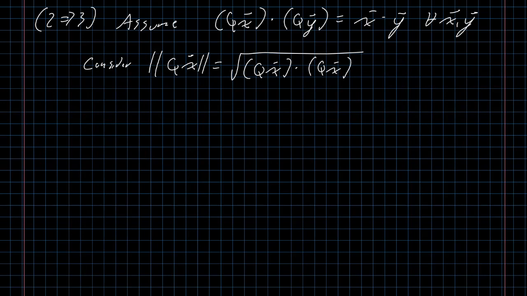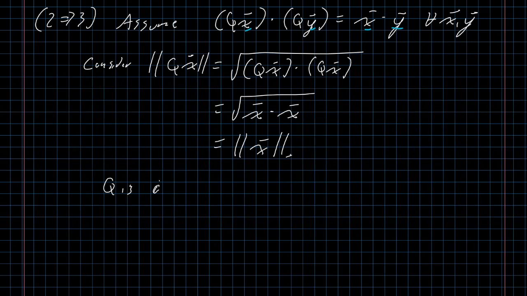And if we just assume that X and Y are the same thing here, then QX dot QX is just equal to X dot with X, and the square root of X dot with X is exactly the definition of the norm of X. And if the magnitude of QX is equal to the magnitude of X, that's what it takes to say that Q is an isometric transformation.